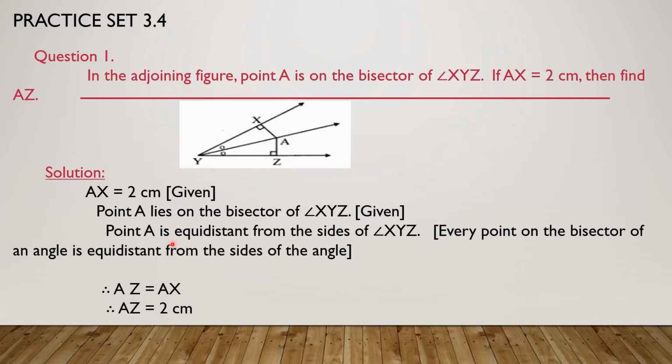That is, the point A is equidistant from the sides of angle XYZ. Therefore, AZ is equal to AX, and therefore AZ is equal to 2 cm.